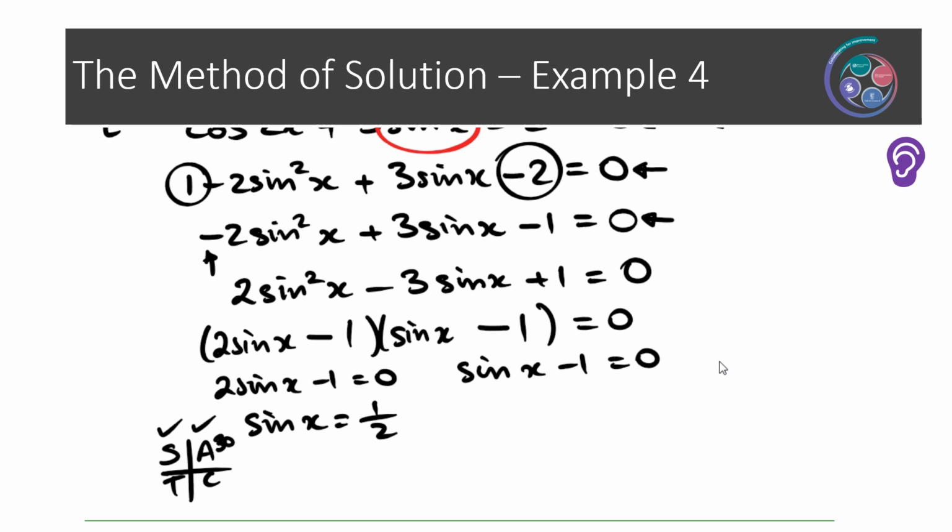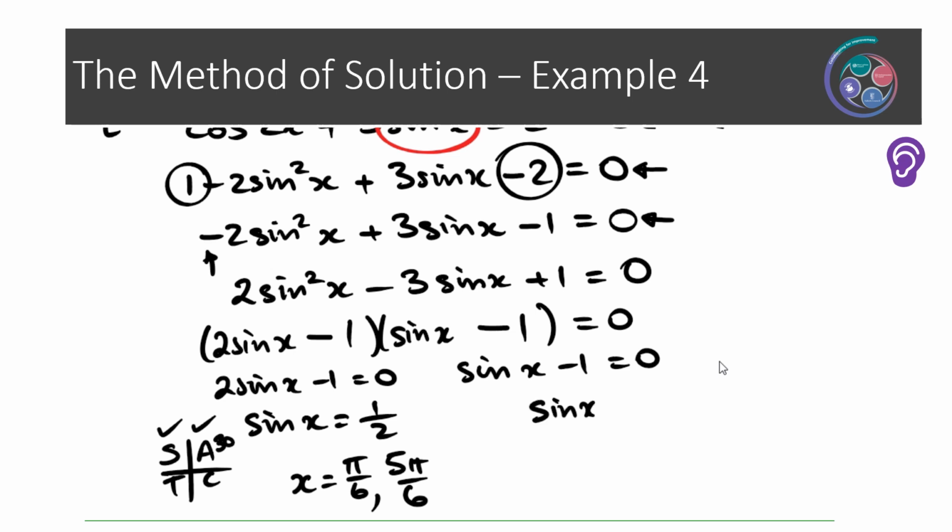So your answer isn't 30 degrees, it's pi over 6. For the second answer, your brain's probably thinking 150, but you're going to write down 5 lots of 30, 5 pi over 6.